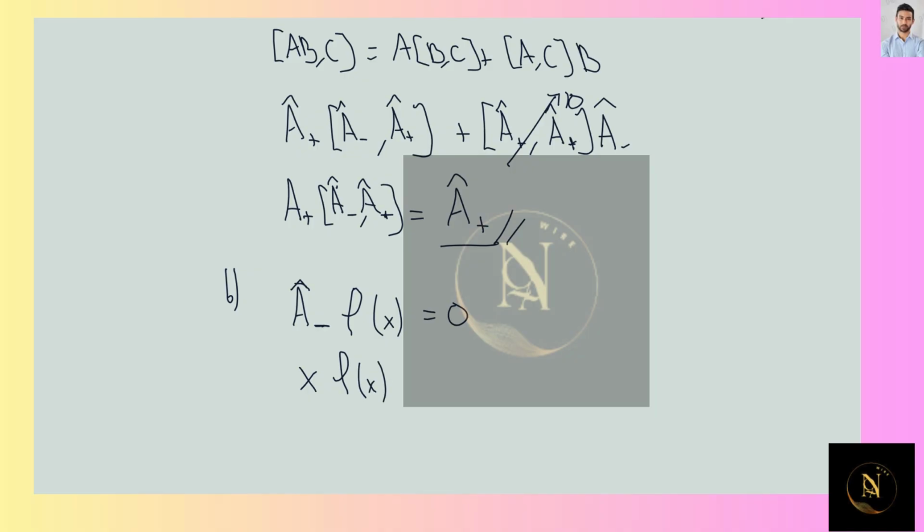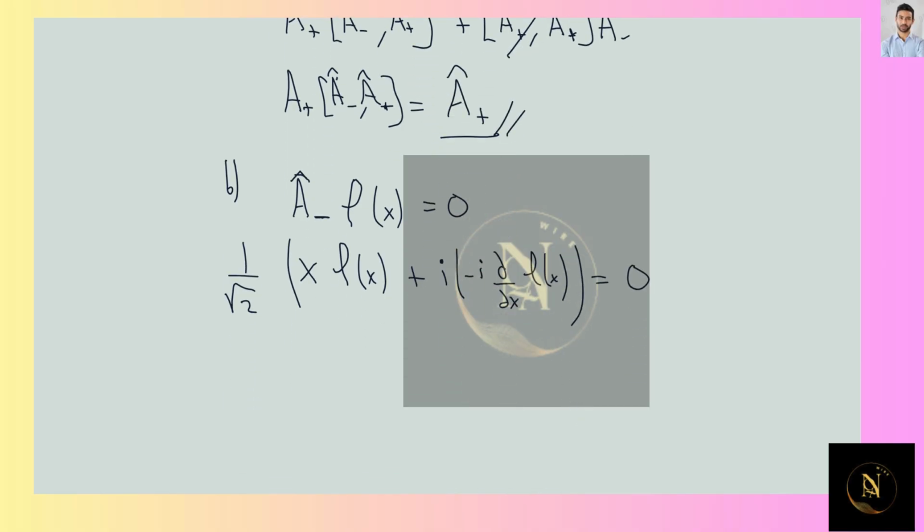Remember, A minus was the one with a plus in the middle, plus I times p, which is minus I times the derivative with respect to x. All of this is multiplied by 1 over square root of 2, and this needs to be equal to 0, right?